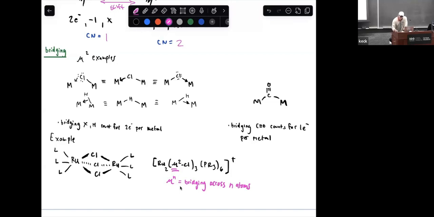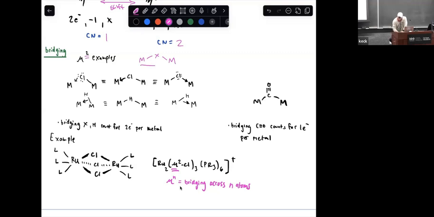In the case of mu2 bridging, two meaning it's bridging two metal centers, you would typically see something like this. And I always like to connect this to things that I'm a little more familiar with in the main group.